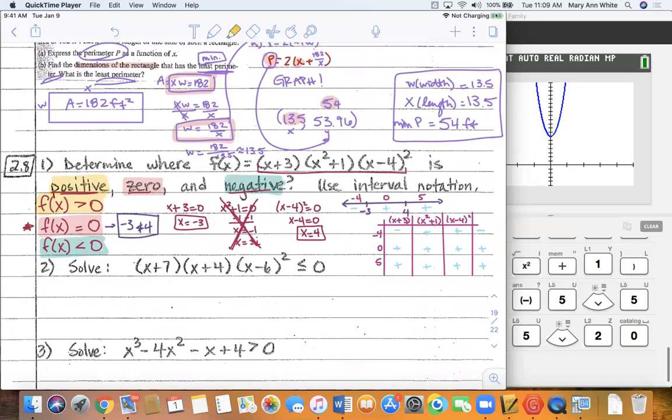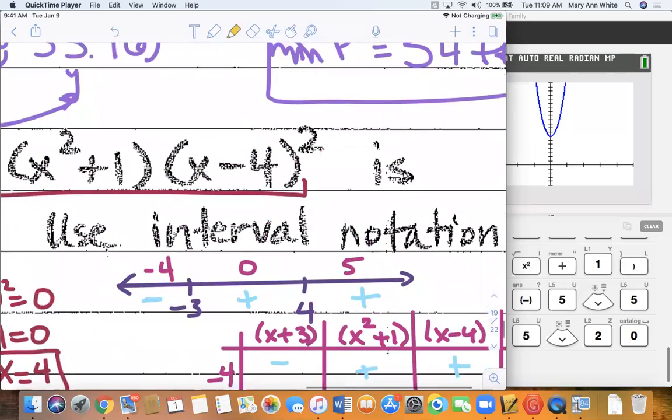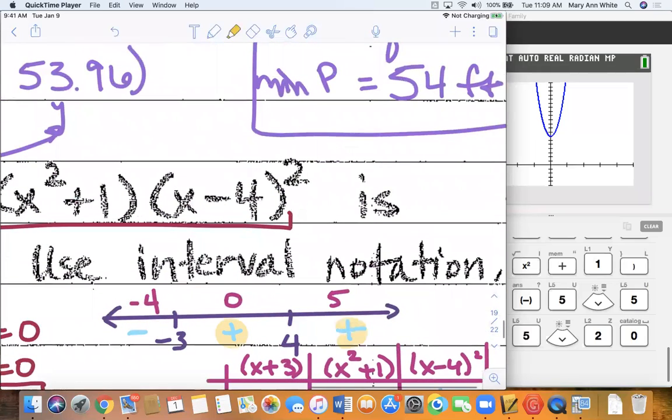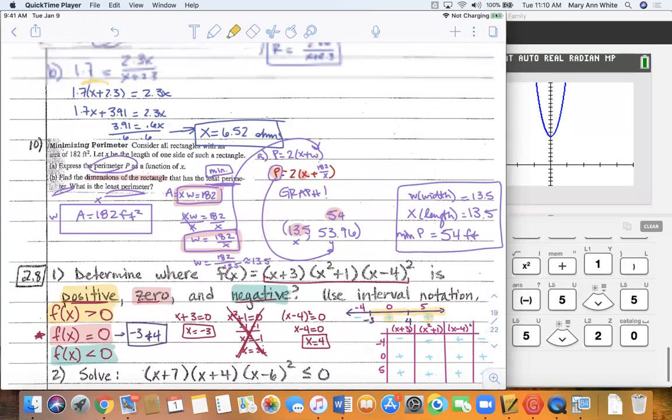So let's do greater than first. Greater than are where my plus signs are. So the interval between -3 and 4 and the interval between 4 and infinity are both where my function is greater than 0. However, do you see how it says greater than, not greater than or equal to?